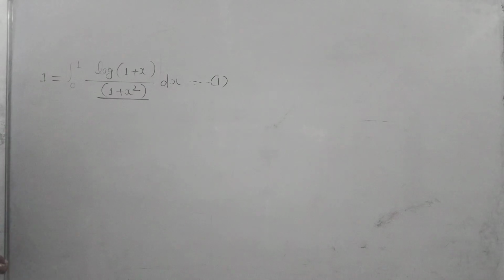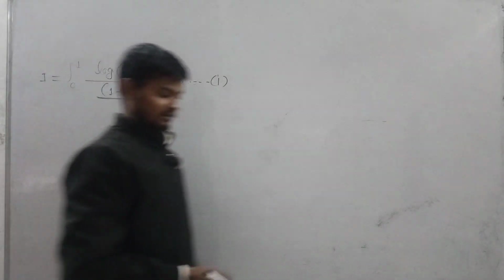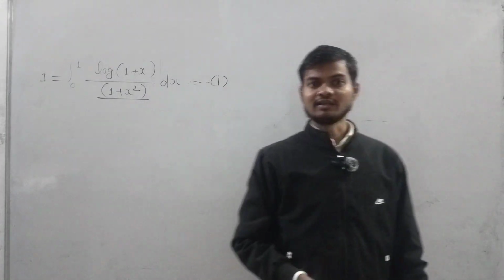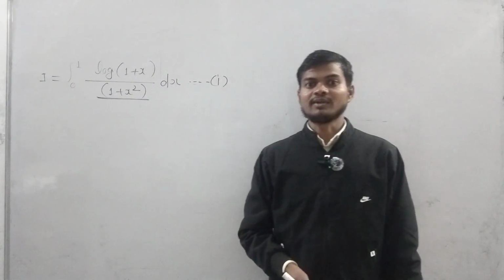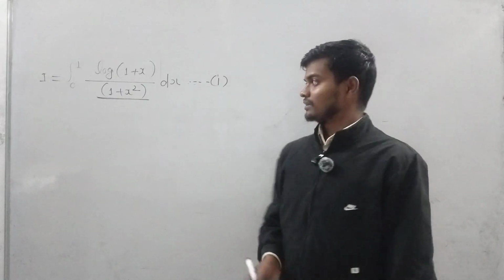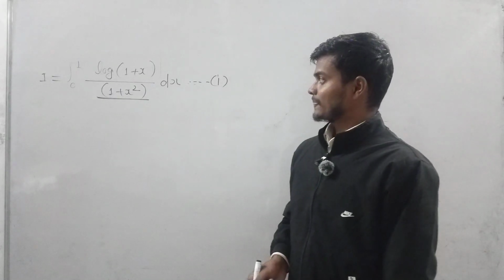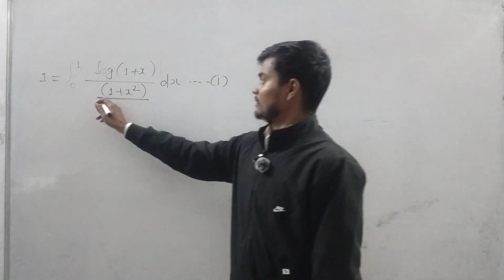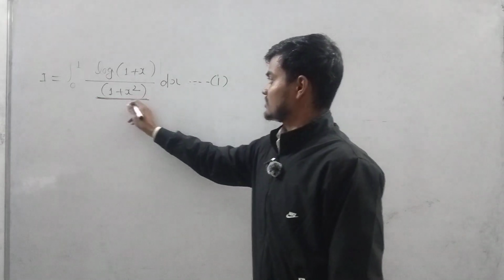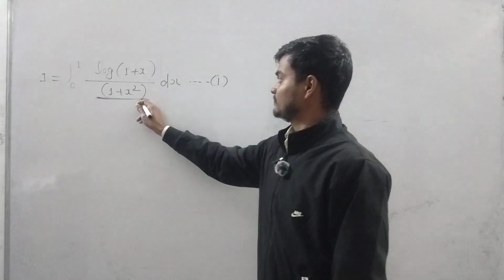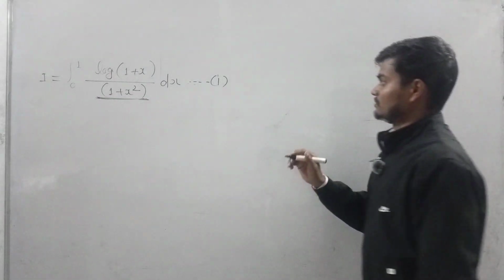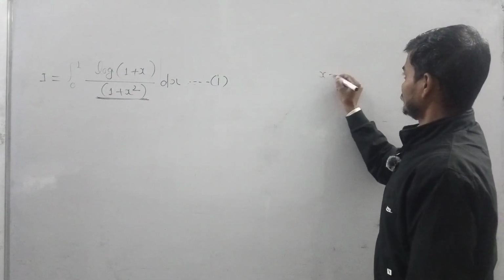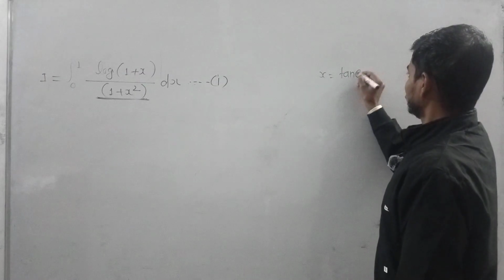We always put here, while seeing a square plus x square, here a is equal to 1, that is 1 plus x square. For such type of expression we always substitute x equal to tan theta.